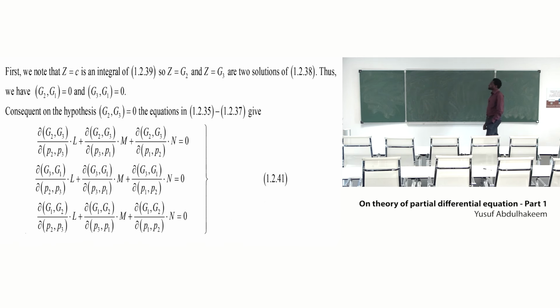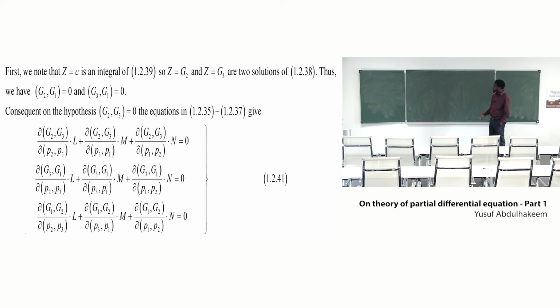First, we know that Z is equal to C is an integral form of 1.2.39, so Z is equal to G2, Z is equal to G3 are two solutions of 1.2.39. Thus, we have G2, G1 equal to 0 and G3, G1 also equal to 0. So consequently, on the hypothesis of this, we have these equations to give us what we have here.